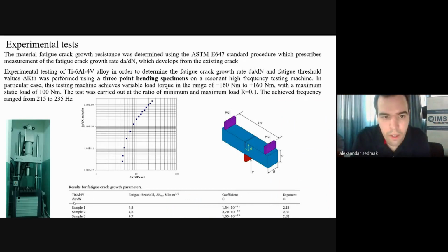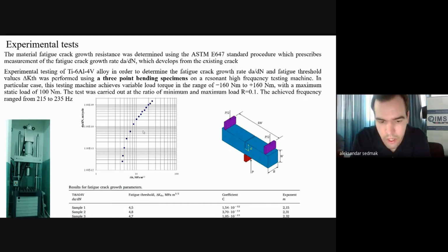So the next, 3-point bending specimens were used to acquire crack growth rate, dA over dN, and a fatigue threshold. From 3-point bending tests in that experiment, we attained a regular fatigue graph with dA over dN in dependence of delta K values.